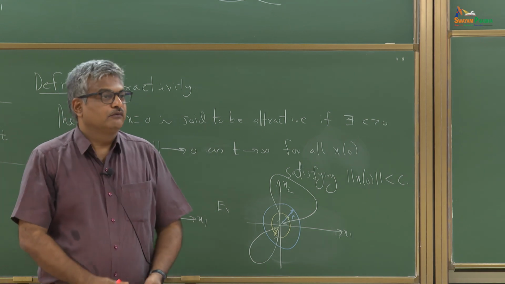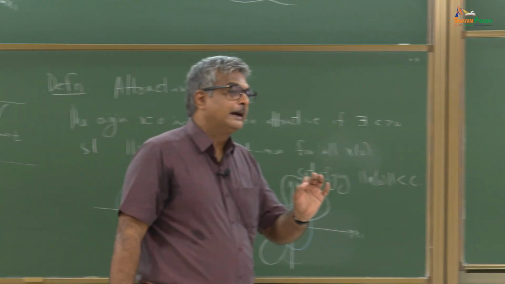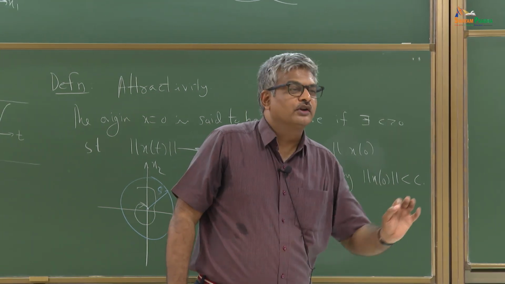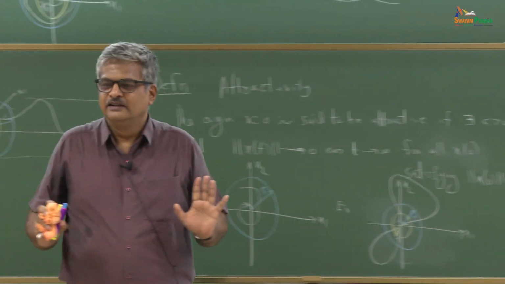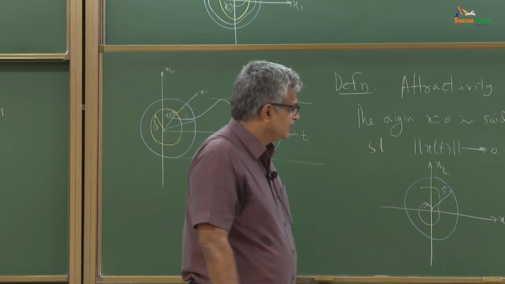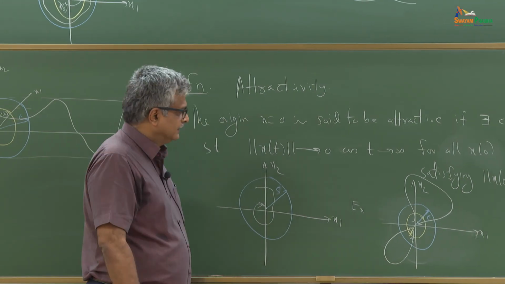But for us, stability means you should not only come back, but you should also not wander away too much. That is the idea of stability, so this is violating the notion of stability.